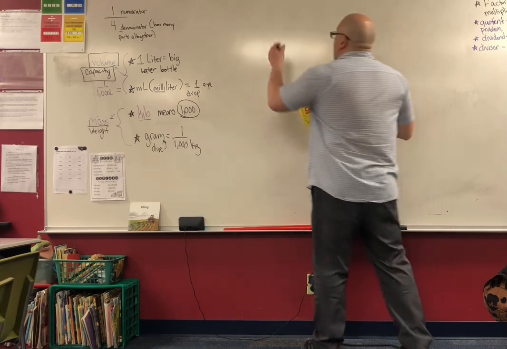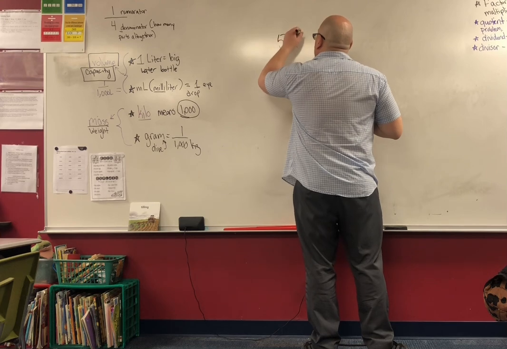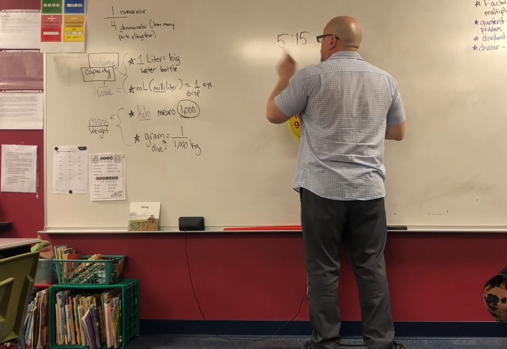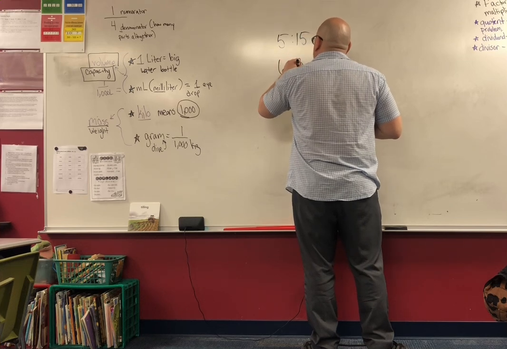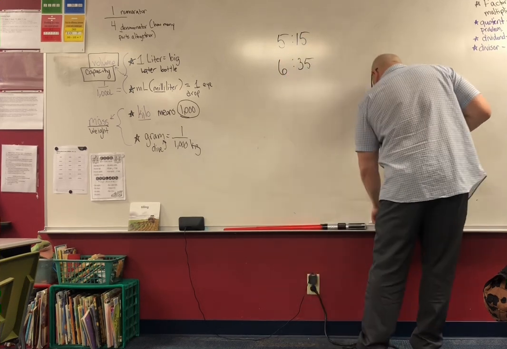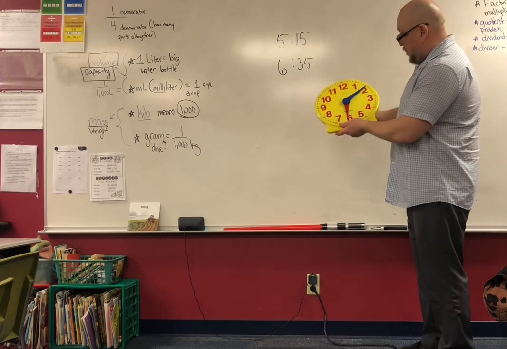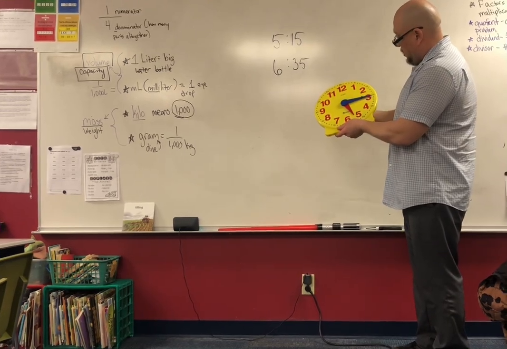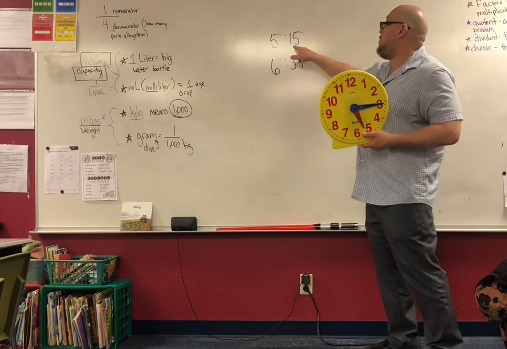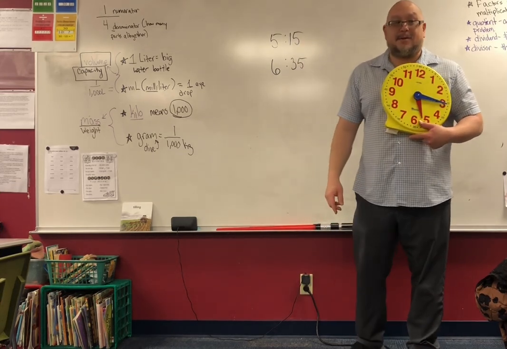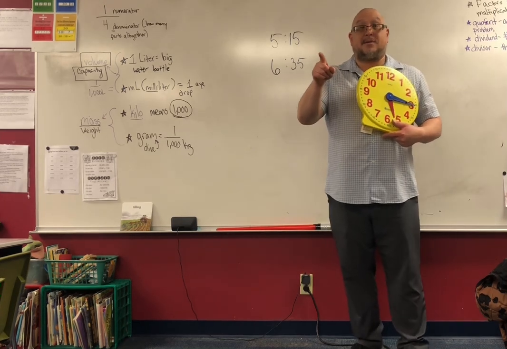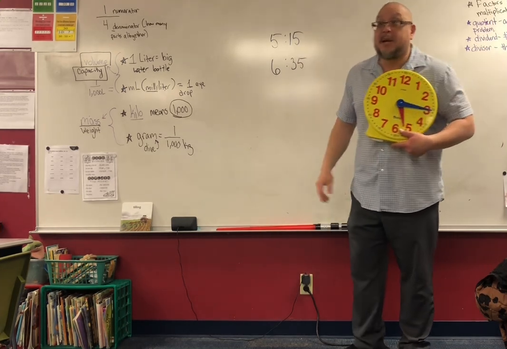For instance, if I had 5:15, and we want to find out how much time has passed to 6:35. Same rules apply. If it's 5:15, how many minutes to the next hour? How many minutes are in an hour? 60 minutes, right?